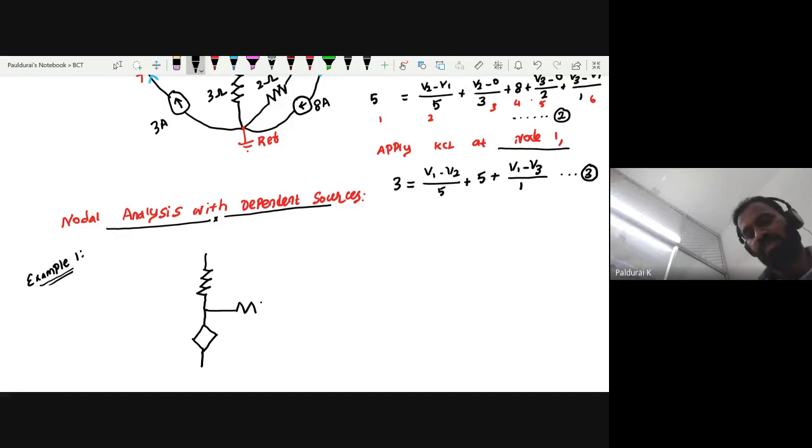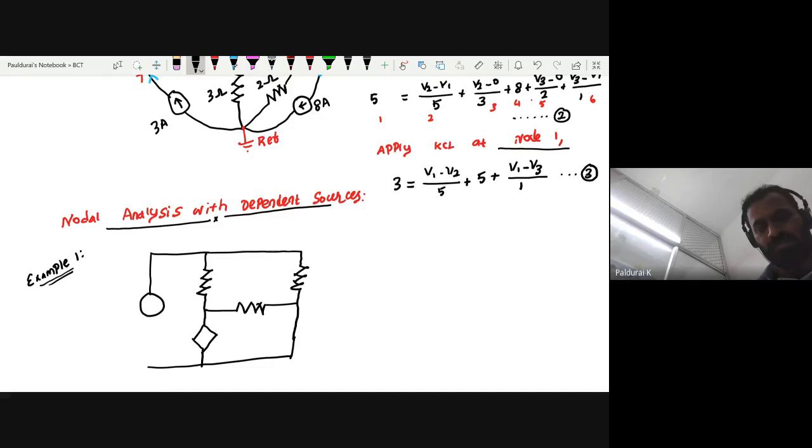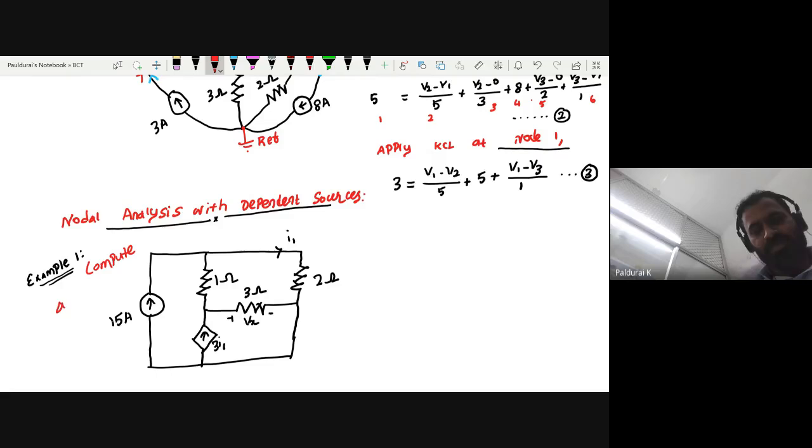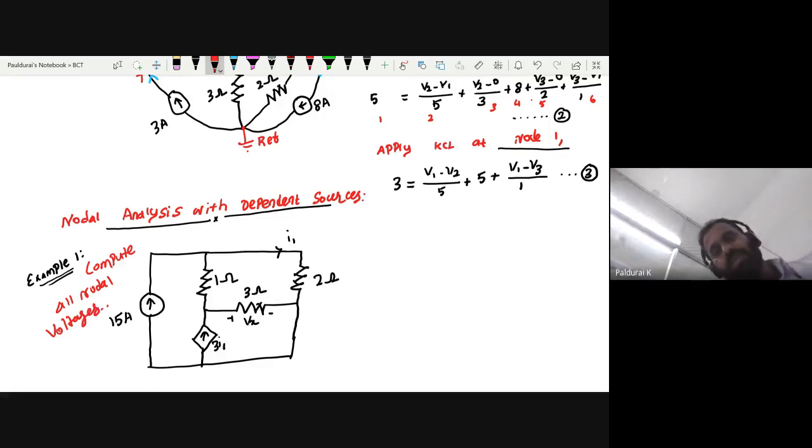Actually, we are going to play with dependent source. Question is compute all nodal voltages.